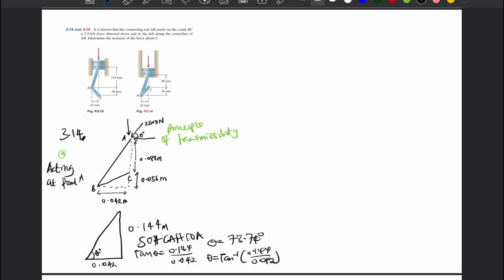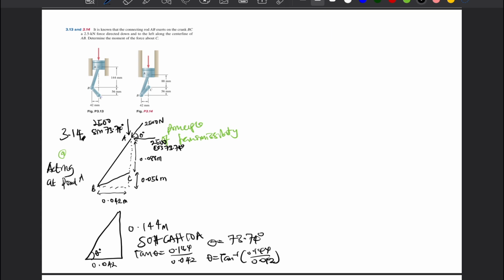So you can write out our horizontal and vertical components as 2500 sine 73.74 degrees and 2500 cos 73.74 degrees.